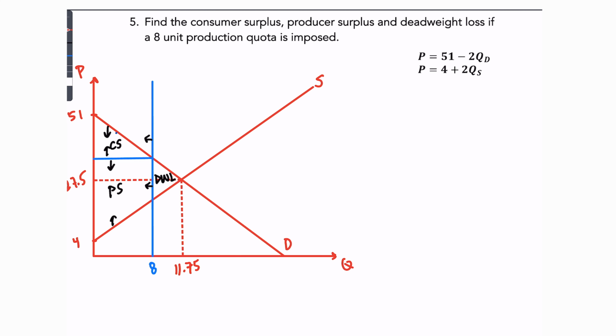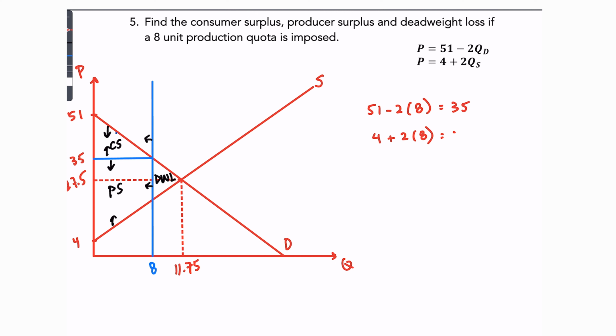Okay, so if I take my demand equation and plug in a quantity of 8, I'll get a price of 35. Now if I take 8 and plug it into the supply equation, you'd get a price of 20.